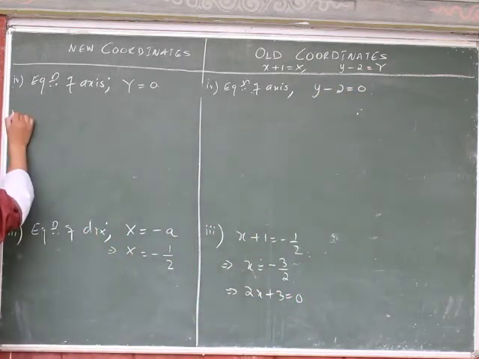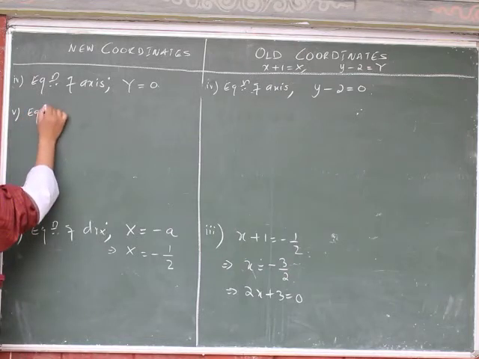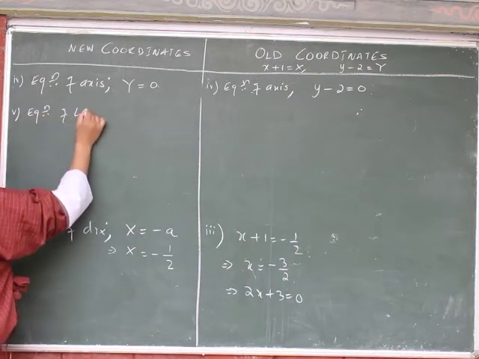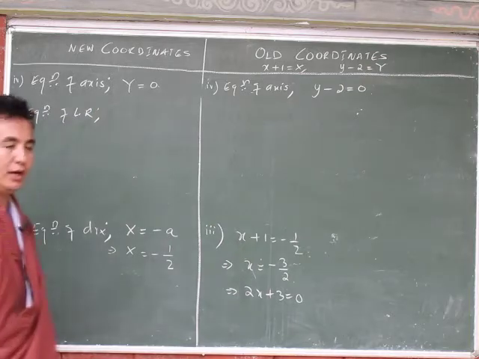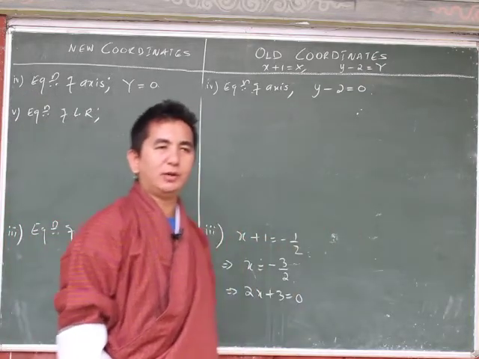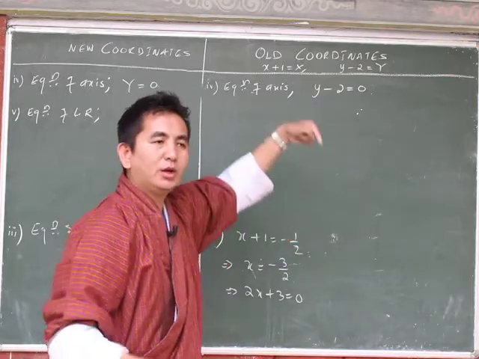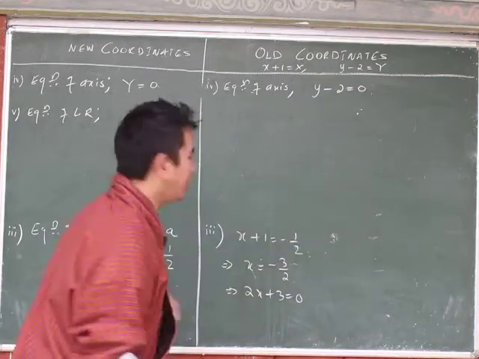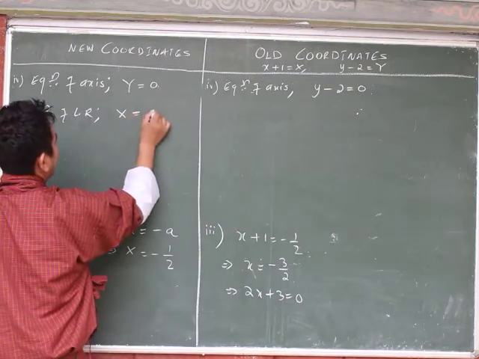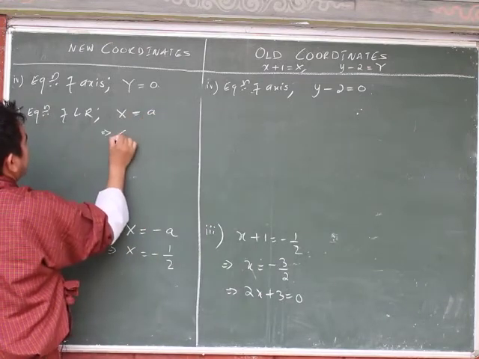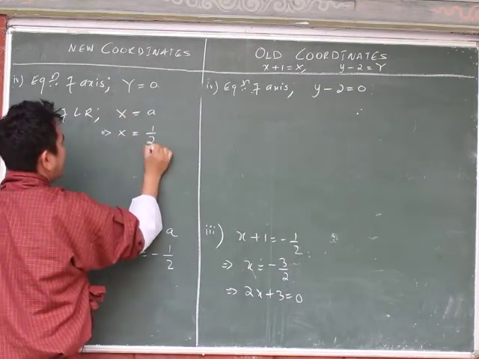Next one we need, number 5, the equation of the latus rectum. Okay, this is concave right. What's the equation of the latus rectum? Please get the picture. I told you, capital X passes through a. Capital X is equal to a. That implies capital X is equal to 1 by 2.